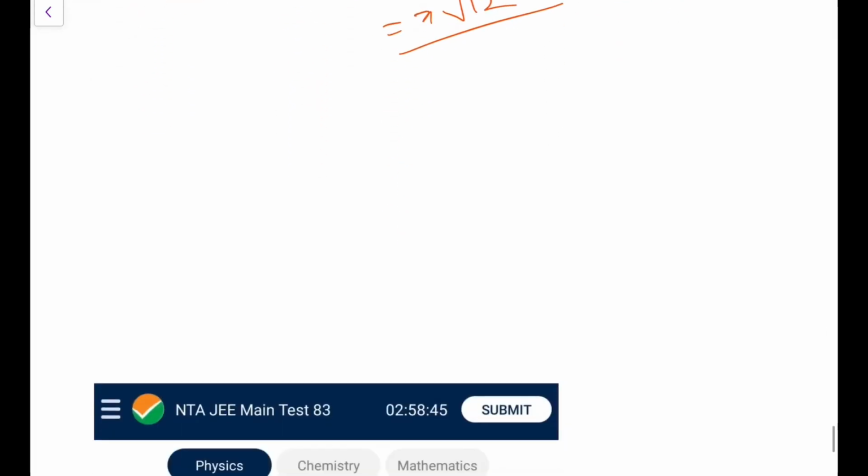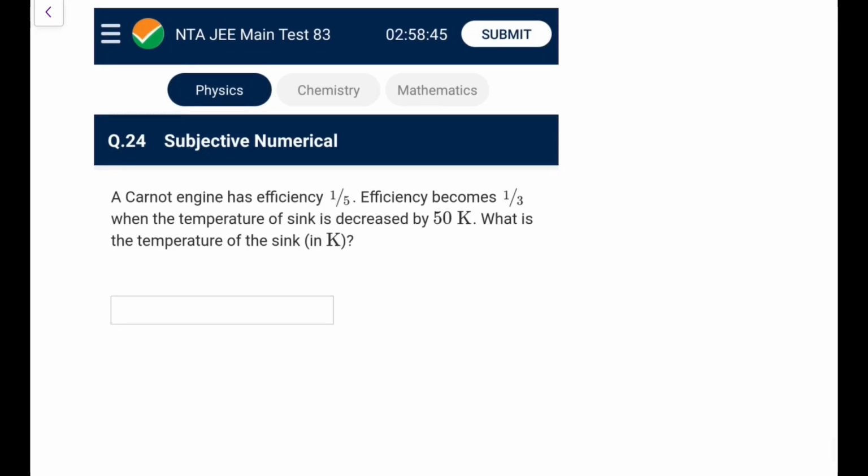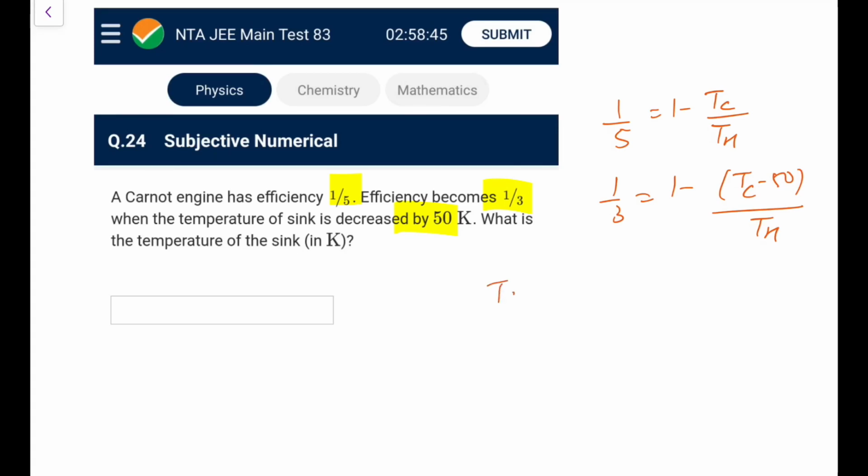Now the last two, what are these? First, a Carnot engine has an efficiency 1 by 5, it becomes 1 by 3 when the temperature of the sink is decreased by 50. What is the temperature of the sink? So 1 by 5 was 1 minus Tc by Th, and 1 by 3 is 1 minus (Tc minus 50) by Th. So from the first equation I can write Tc by Th is 4 by 5.